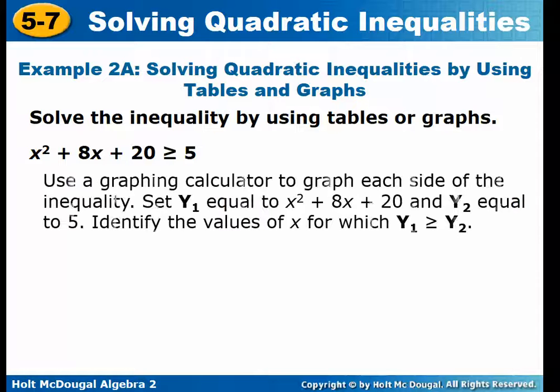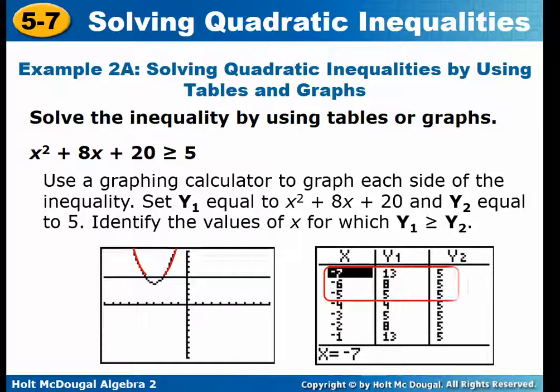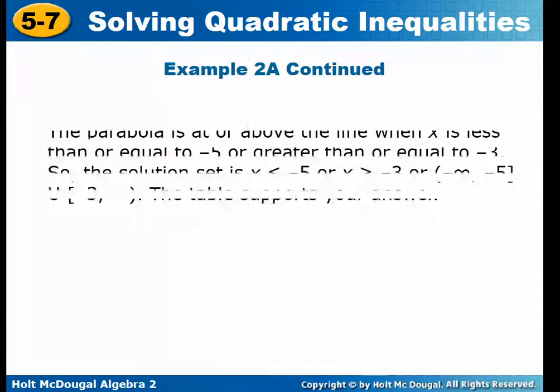So what we do is we write this as 2 separate equations. One of our equations will be y is equal to x squared plus 8x plus 20, and the other one will be y is equal to 5. And then we're going to look at when the first equation is greater than the second equation, in this case, because it's greater than or equal to.